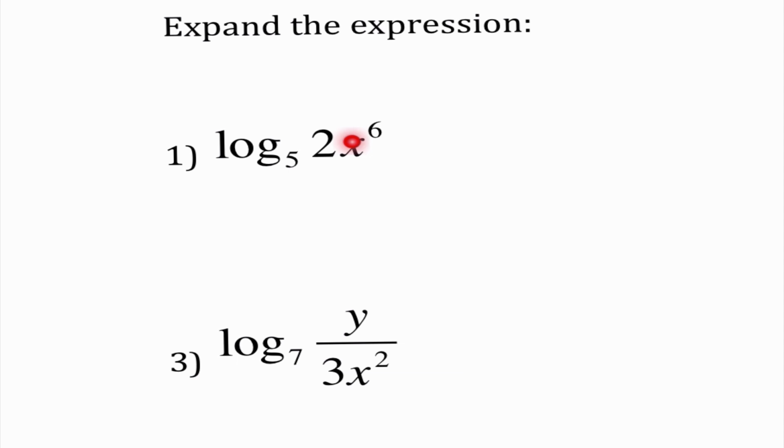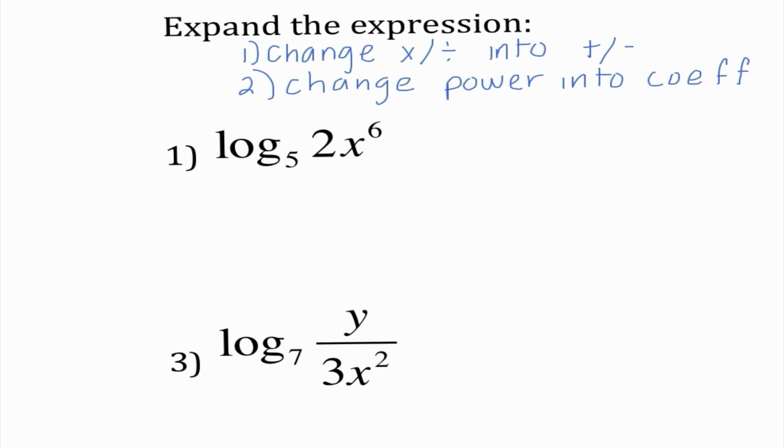When we are expanding, there's a little formula that we normally follow in order to do everything correctly. The first thing I want to look for is if we have any multiplication or division to turn into addition and subtraction. If I look at this logarithm, I notice it is 2 times x to the 6th. So I'm going to write log base 5 of 2. Since it is multiplication, that becomes addition of log base 5 of x to the 6th power.